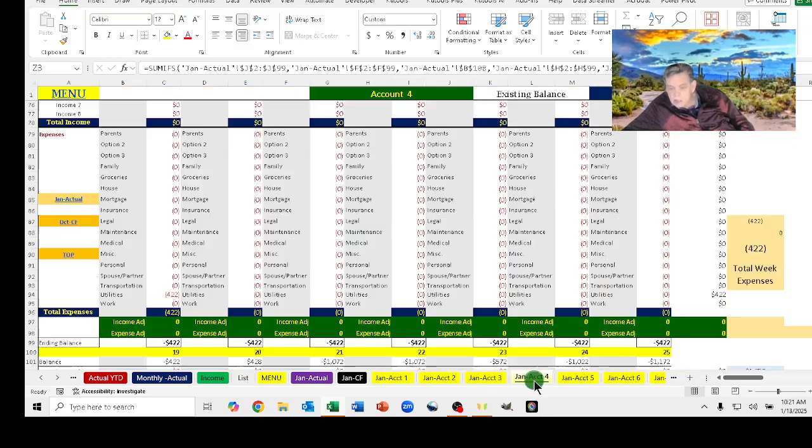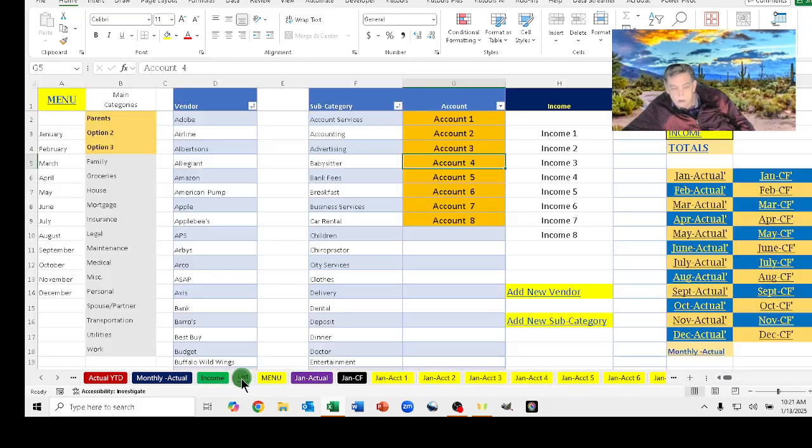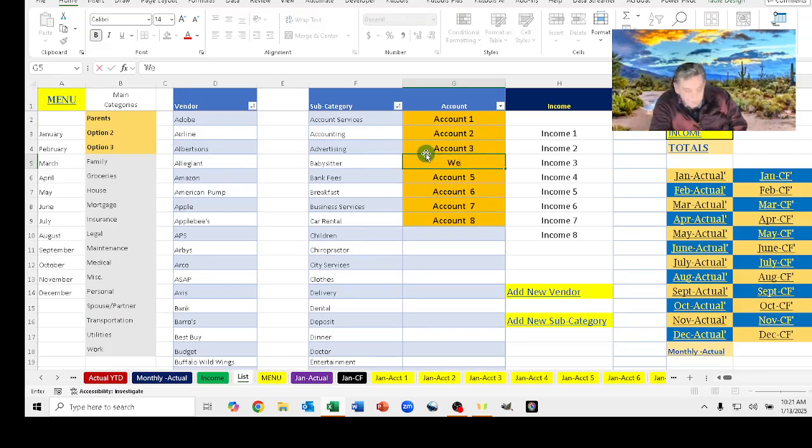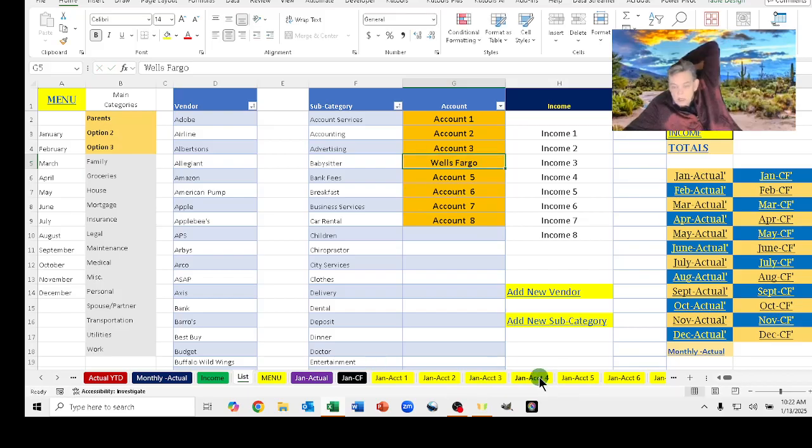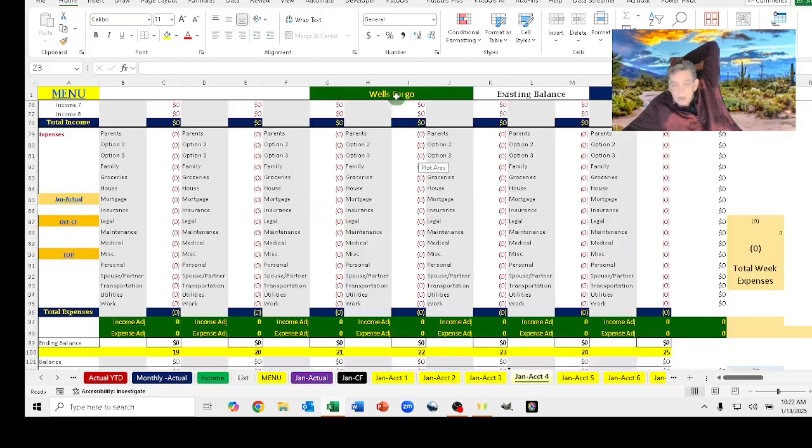And the other thing is, we renamed Wells Fargo. How come that didn't change? I forgot it was in a different deal here. Okay, so we did that on Wells Fargo, and again, I can't change the tab names, but it will follow you through here on your different accounts, so it's going to show up as Wells Fargo, and the rest of the tabs are just the same thing.